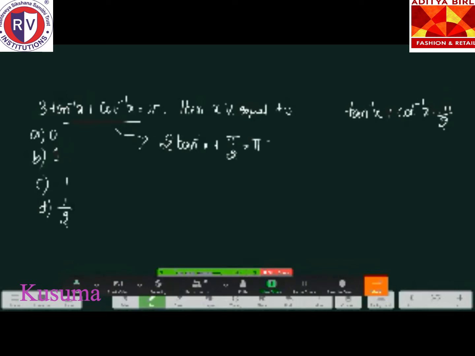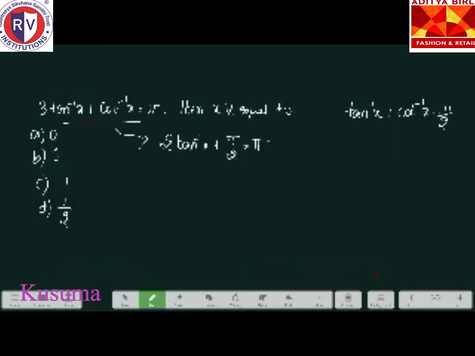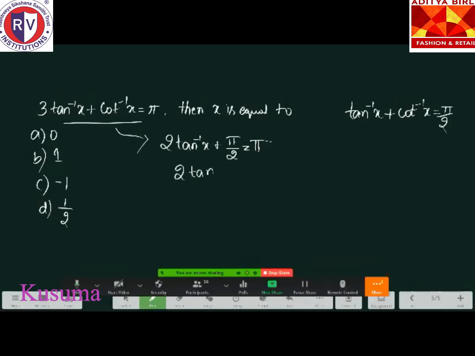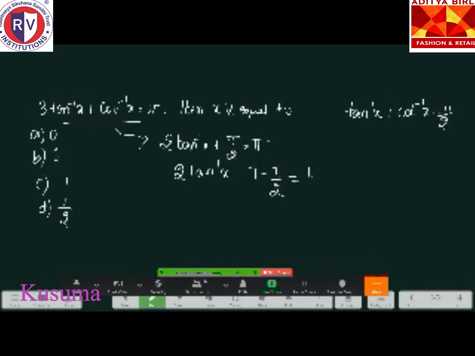I'm taking one tan inverse x out of this 3 tan inverse x, so tan inverse x plus cot inverse x will be equal to pi/2 and 2 tan inverse x is left out. So 2 tan inverse x will be equal to pi minus pi/2, which is pi/2.